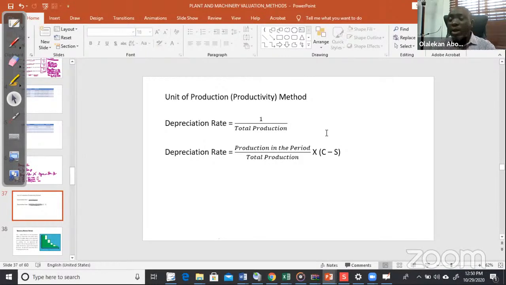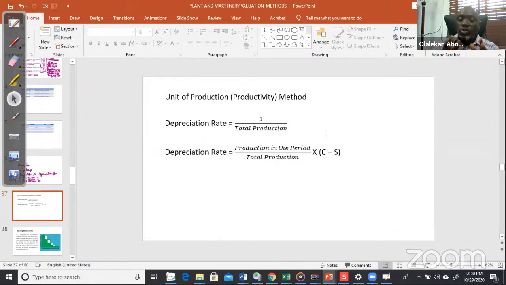And they will now reduce that. Okay, if it can produce, let's say 1 million tons, for example, if they are producing at, let's say, 2 tons per hour, how many hours will it be? Then they will reduce everything and come out with life expectancy.